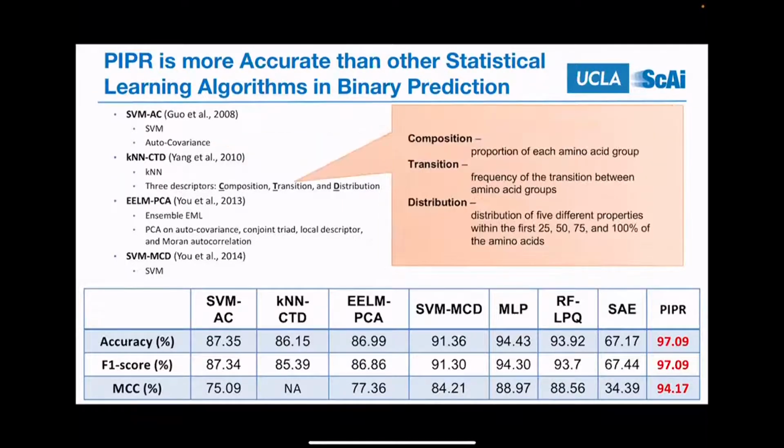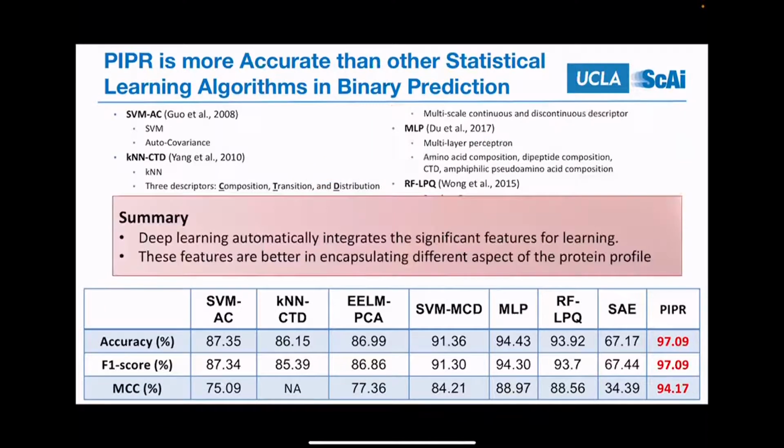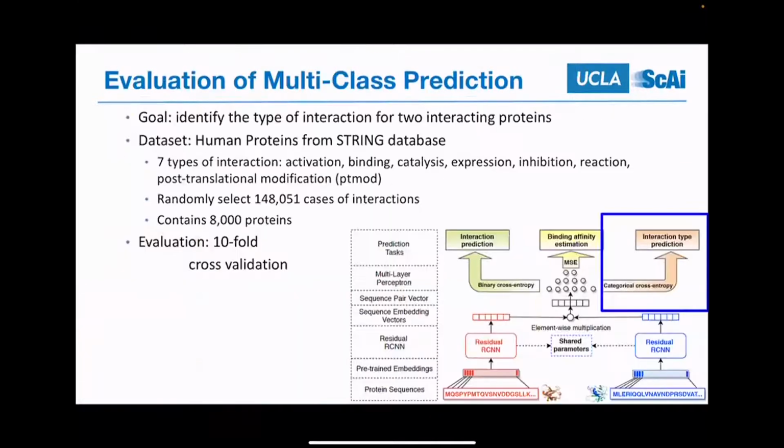Some others use the 3 descriptors: compositions, transitions, and distributions. Those are the feature spaces typically used, and there are other variants of that. By comparison, you can see this paper achieves quite impressive performance over these traditional statistical learning approaches.